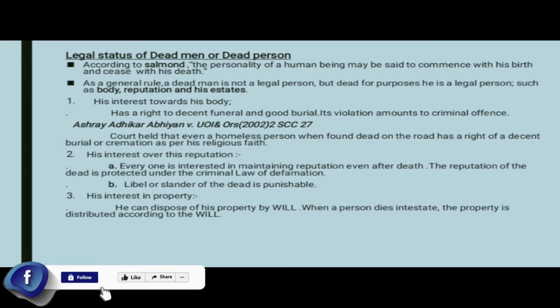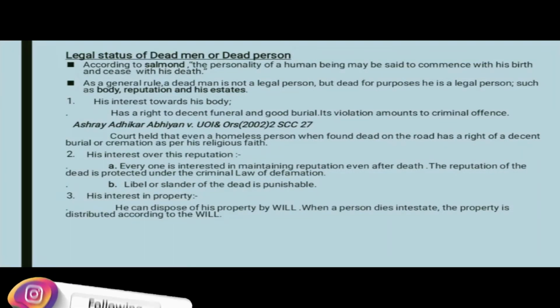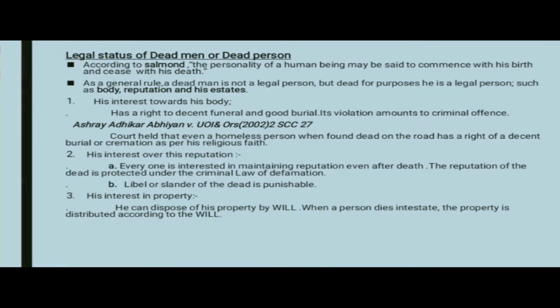First of all, his interest towards his body, which means he has a right to a decent funeral and good burial. Its violation amounts to a criminal offense. That means every person who is born on earth and dies has a right to a decent burial and funeral, and any violation amounts to a criminal offense.